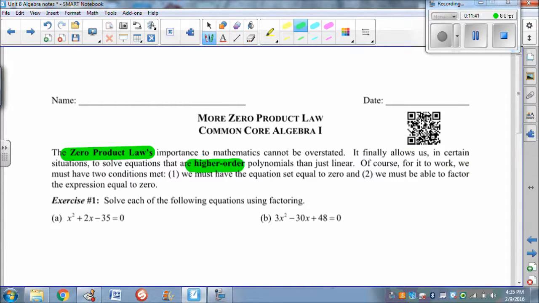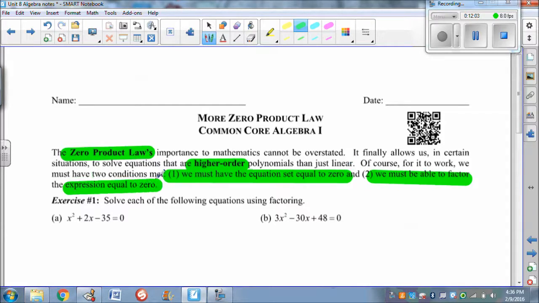Again, it allows us to solve higher order polynomials than just linear. For it to work, we have to have 2 conditions, and I just mentioned this. We must have the equation set equal to 0, hence the zero product law, and we also must be able to factor the expression equal to 0.